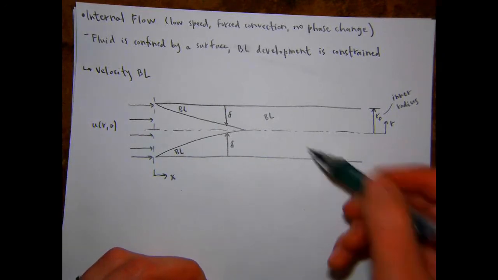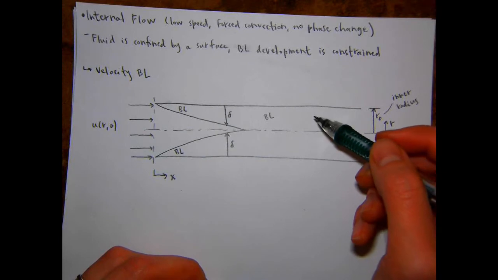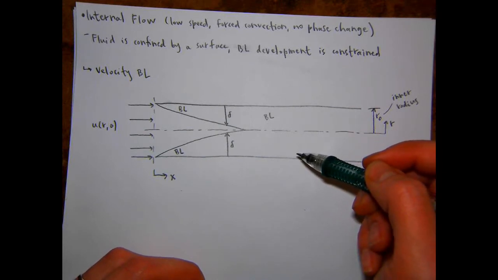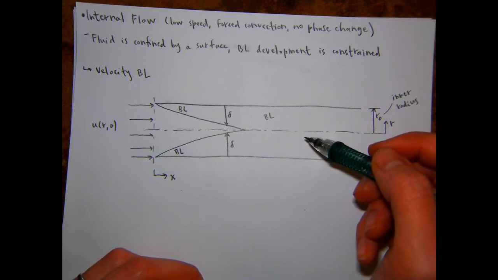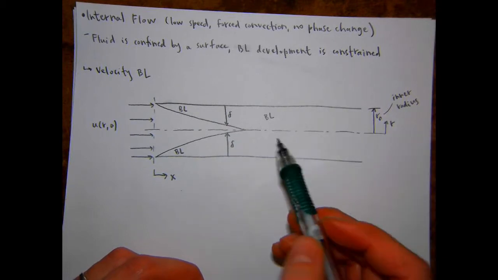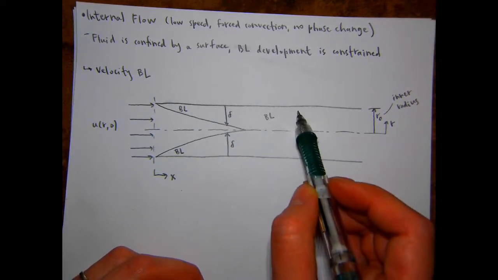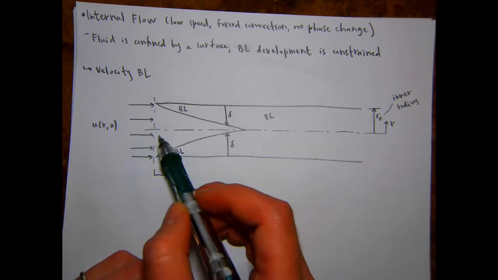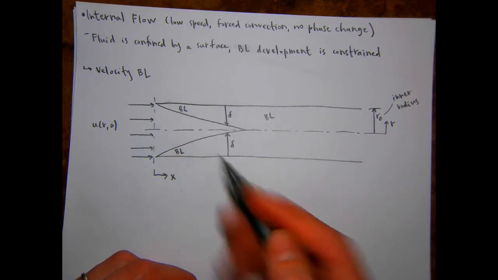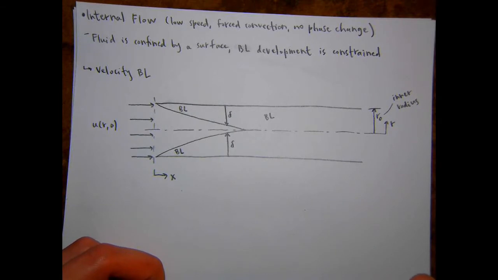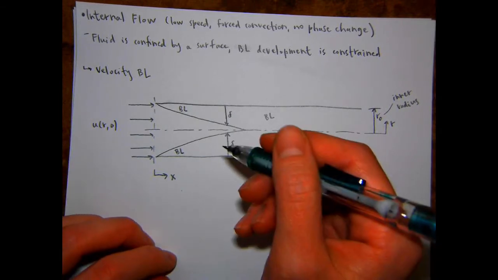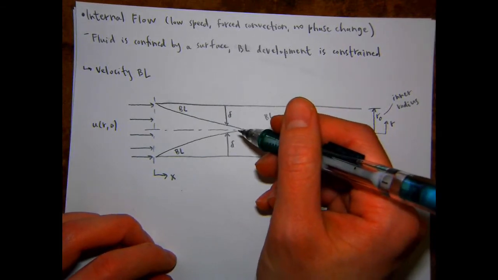And so then you have viscous effects throughout the entire flow. So now, downstream, nowhere in the pipe is the flow equal to the incoming flow. So let's draw a little cross section to see if that can help.